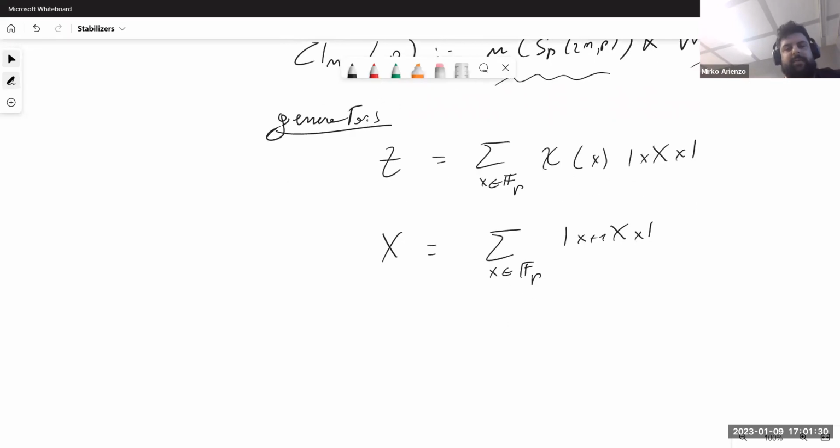Something that I will not prove, but the nice thing is that you retrieve the generalization of standard operators.